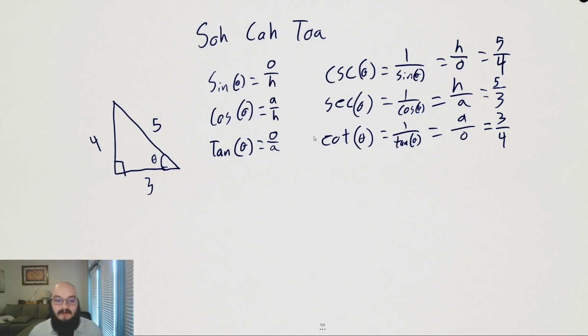Interesting thing about cotangent and tangent. Since they are not dealing with the hypotenuse, and they're dealing with just the opposite and the adjacent edges, if I have this angle here, and I'm going to label it x. Usually we label the angles with theta, but I already have theta used. We're going to use x.